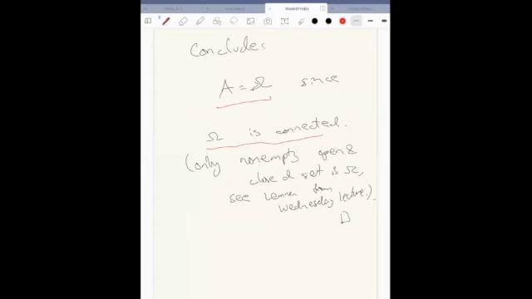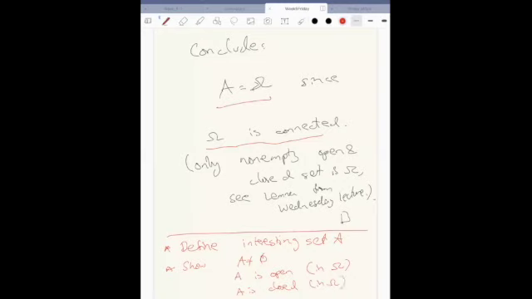So the structure of these proofs is define the set of interest, and that should be connected to the property that you're working with. And then you show three things. A is not empty. A is open in your subset. A is closed in your subset.